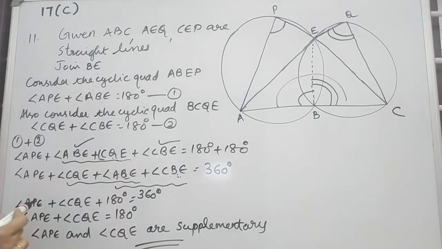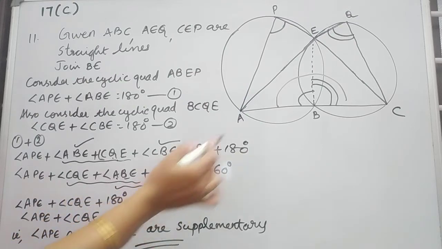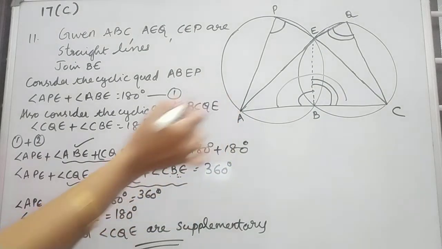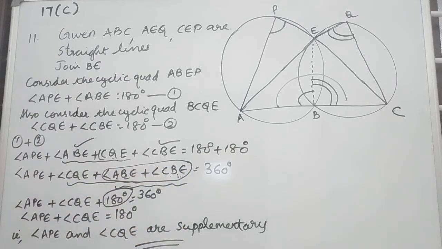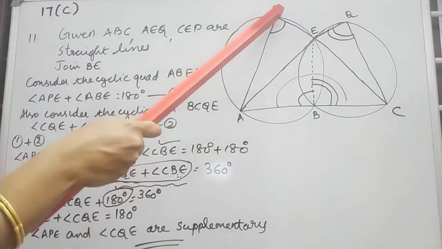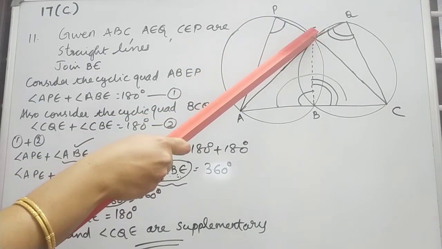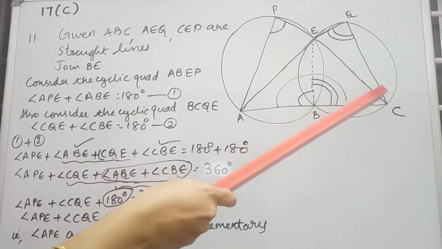So angle APE plus angle CQE plus ABE plus CBE, replace ABE plus CBE with 180 degree since it is a straight line, which is equal to 360 degree. So APE plus angle CQE is equal to 360 minus 180, which is 180 degree.